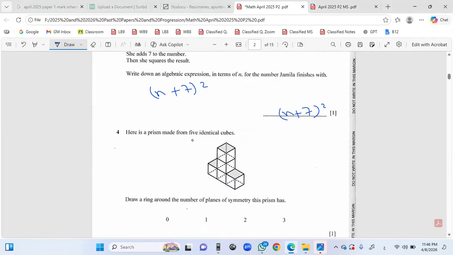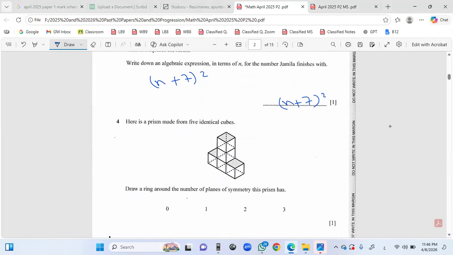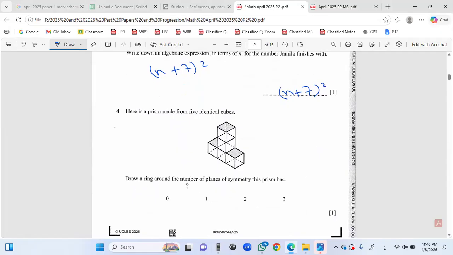Here is a prism made from 5 identical cubes. Draw a ring around the number of planes of symmetry this prism has. If you notice over here, we can split the shape from this direction going all the way down. This is one plane of symmetry.